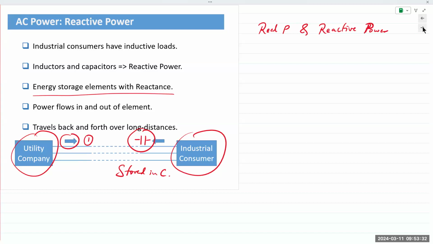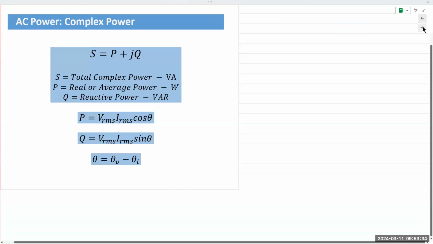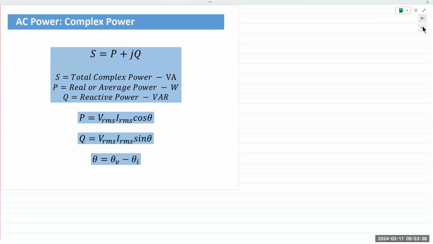Now, we are talking about reactance, reactive power, and real power. The reactive power plus the real power is represented mathematically as a complex quantity. If you read or hear the words that reactive power is imaginary, it is talking about the mathematical representation.